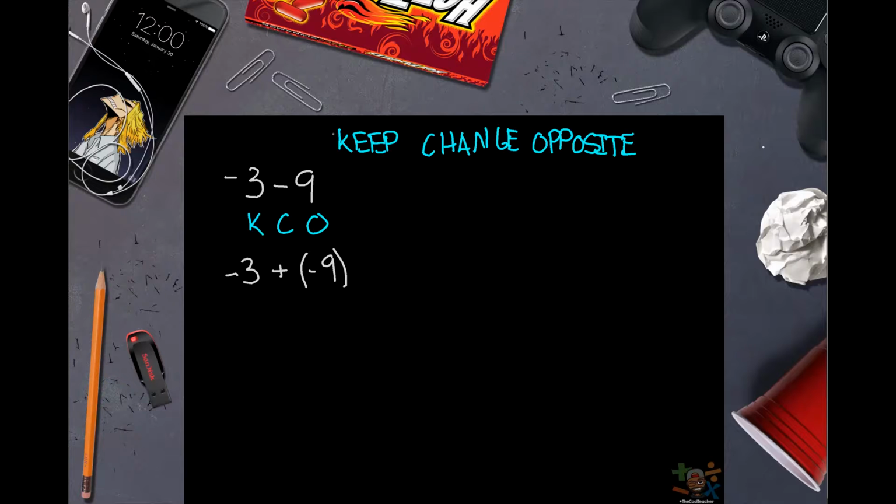So what happens now? Well, since the signs are the same, they're going to stay the same, so my answer is going to be negative. And since the signs are the same, I add the 2 numbers together. 3 plus 9. Why am I doing that? Because this is a -3 and this is a -9, so I add them together.